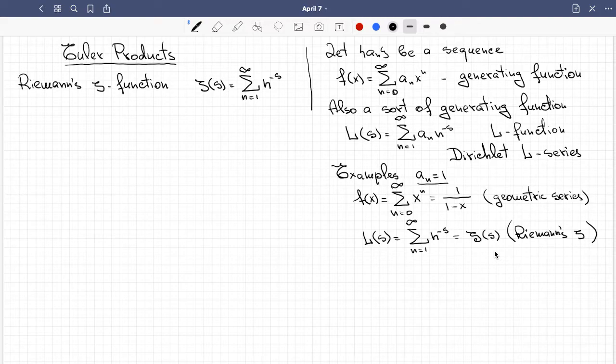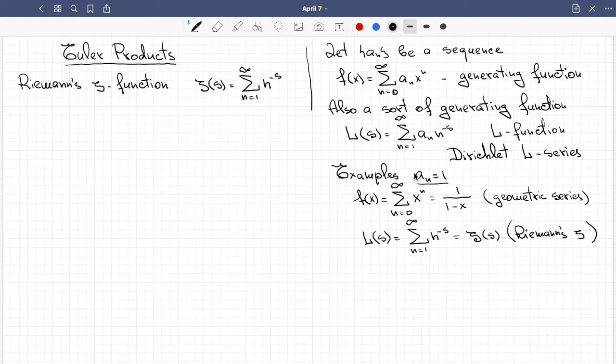So this type of generating function, the Dirichlet L function, is especially interesting when the sequence comes from an arithmetic function.